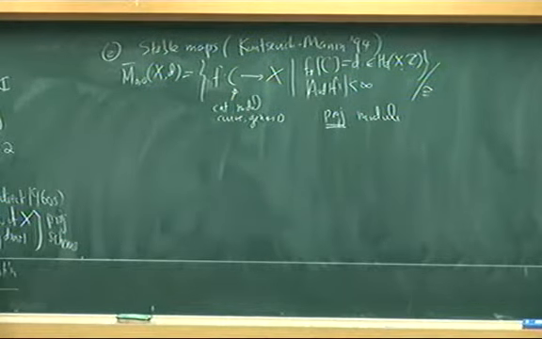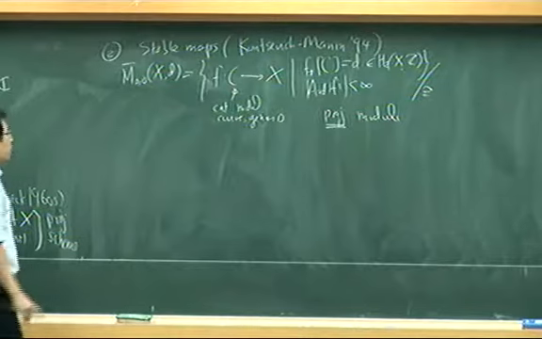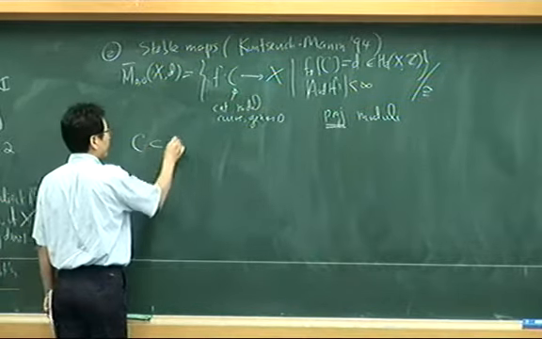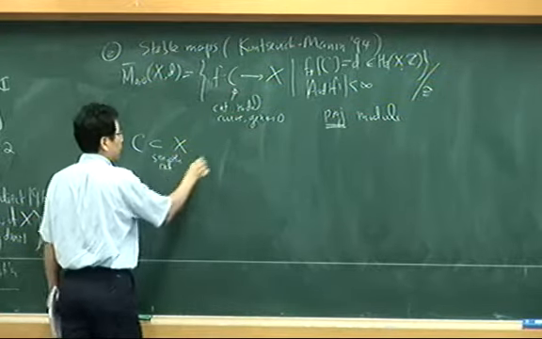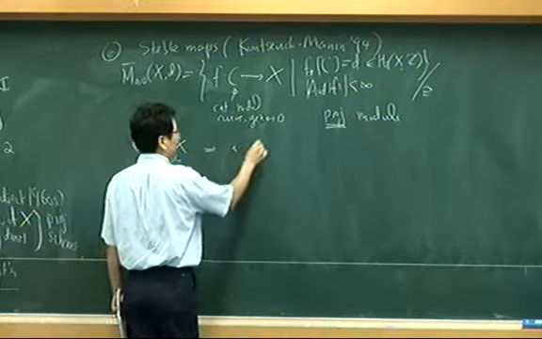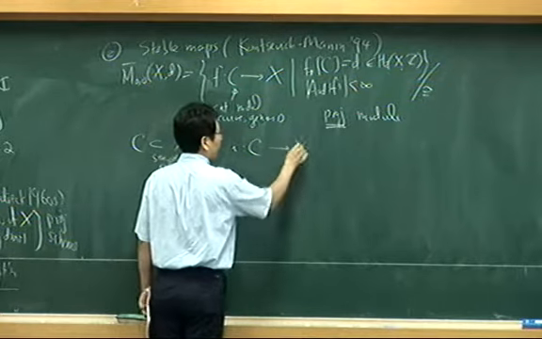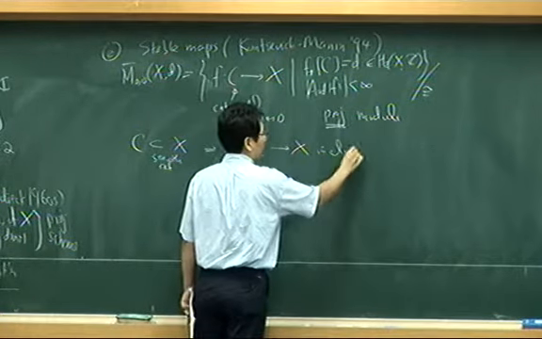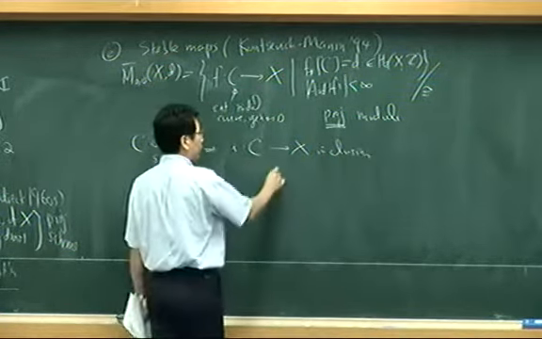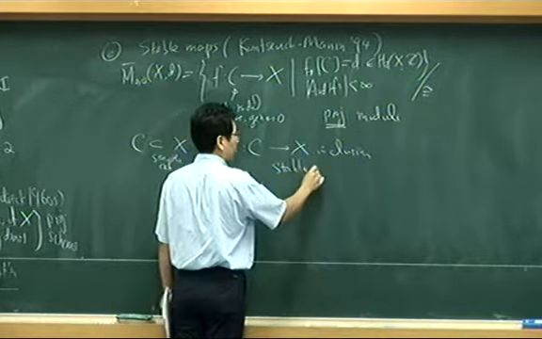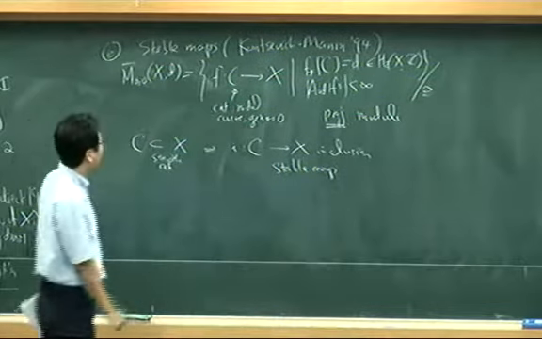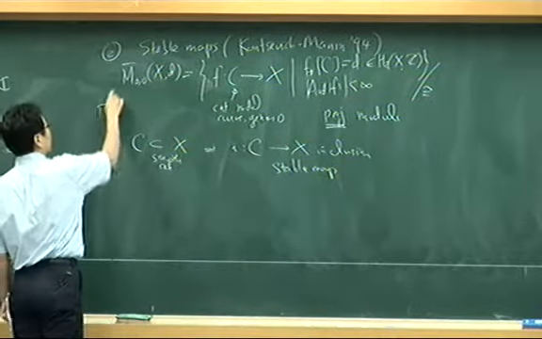Right. Certainly, if you have a smooth rational curve inside X, then you can think about the inclusion morphism. Obviously, this is stable. The automorphism group is just trivial. So I have an embedding of R into this stable map space.